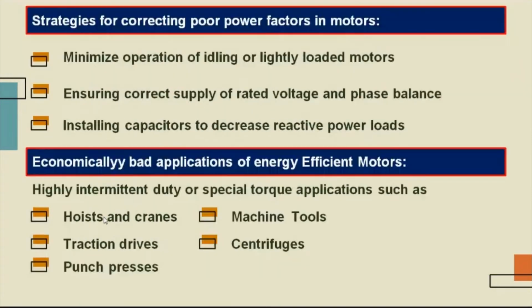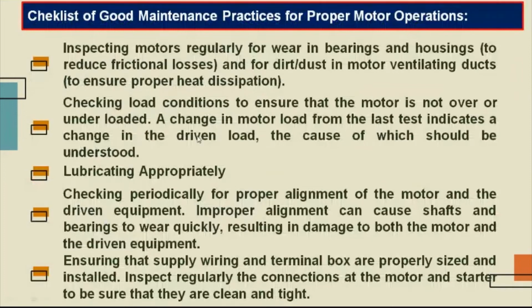If we can reduce the frictional losses, then the efficiency of the motor can be increased considerably. This can be done by regular inspection of the motors for wear in bearings and housings, and also for dust in the motor ventilating ducts to ensure proper heat dissipation.